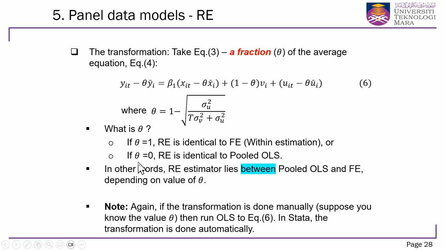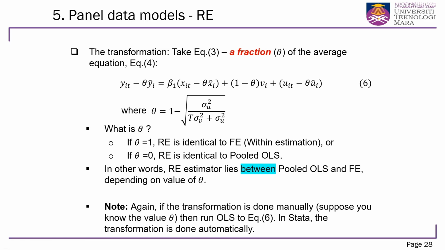But if theta is equal to 0, then we don't do anything with the original data. The average value of y or x here does not exist. So we don't do anything with the original observations. Hence, we simply run estimation on the original observations, meaning that it is a pooled OLS estimation.